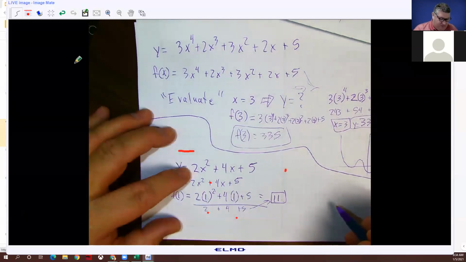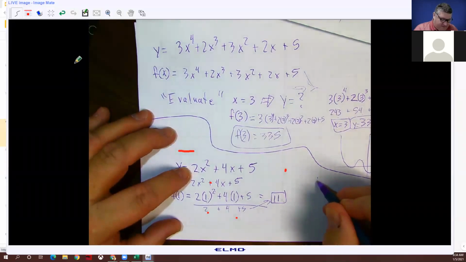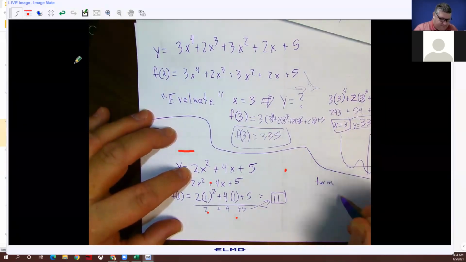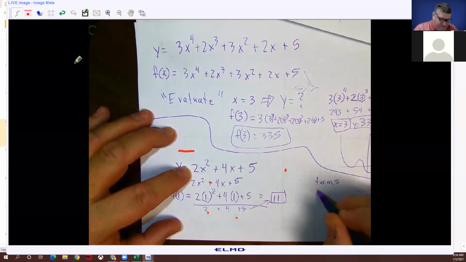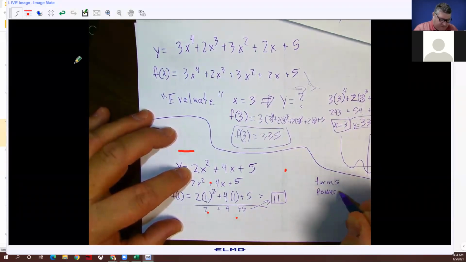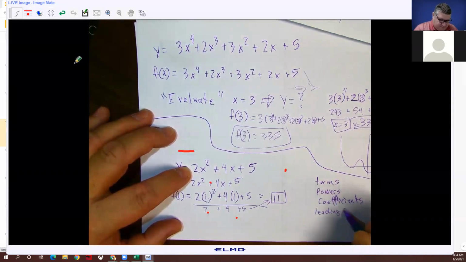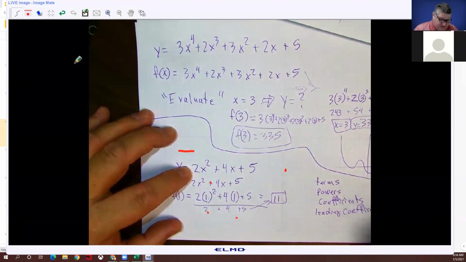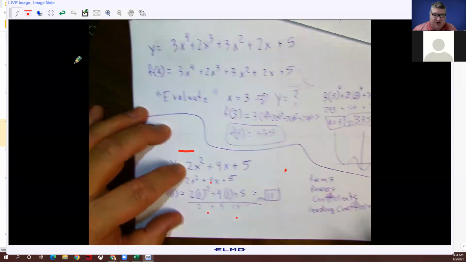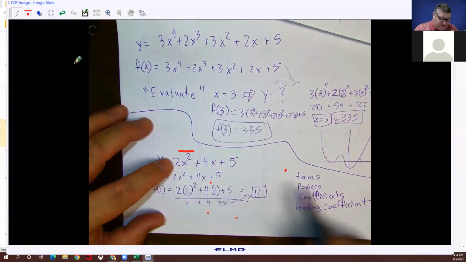The vocabulary words we have: term, powers, coefficients, leading coefficients. All right, and so in this case, let's talk about it.